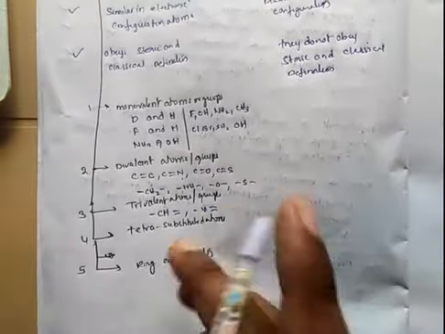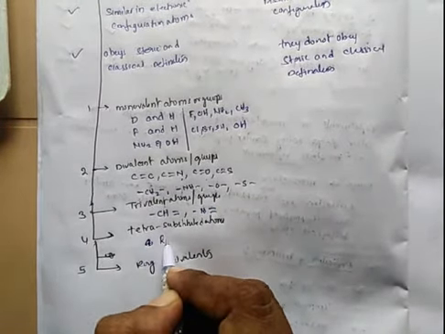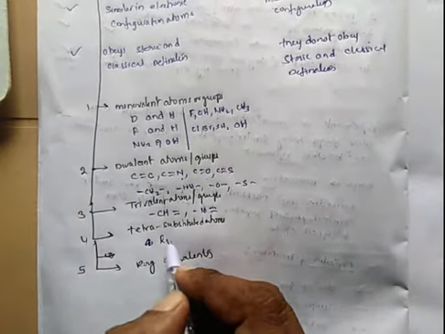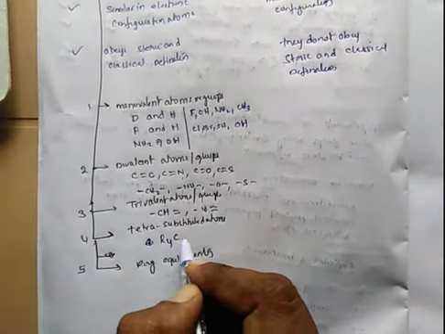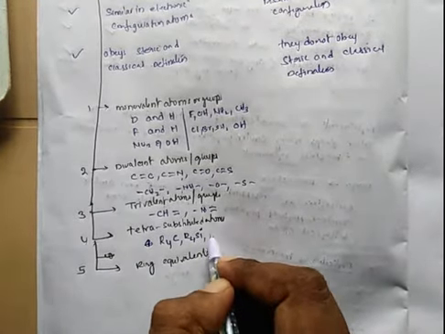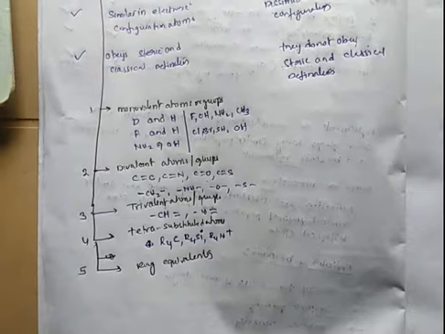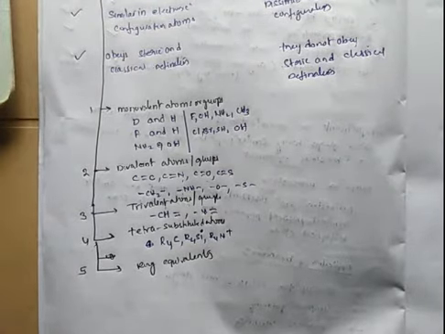Coming to the tetra substituted, we have R4 carbon, R4 silicon, R4 nitrogen. This R may be an alkyl group like CH3 or C2H5. Alkyl carbon, alkyl silicon, and alkyl nitrogen are classical bioisosteres which come under tetra substituted atoms.